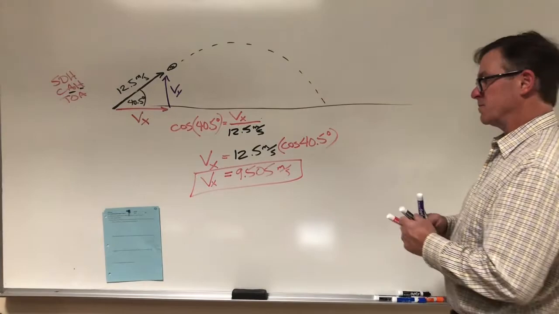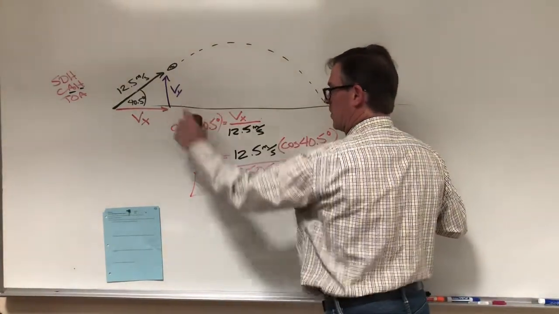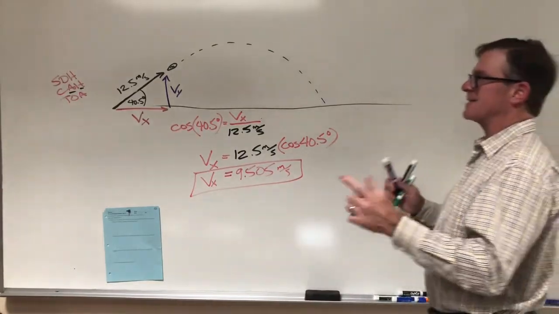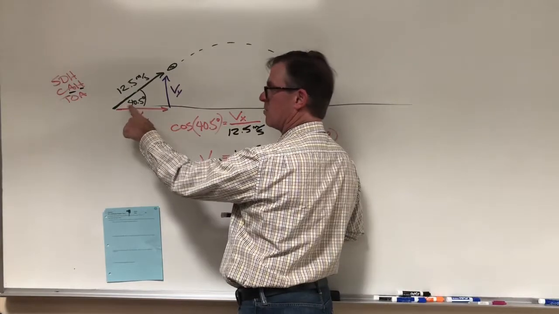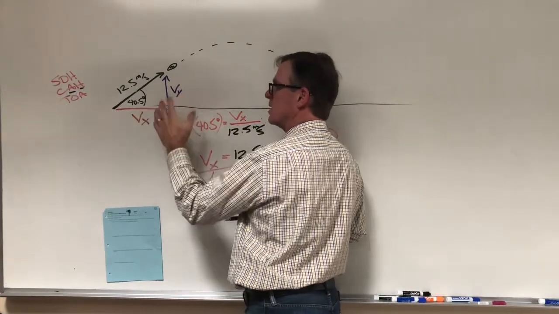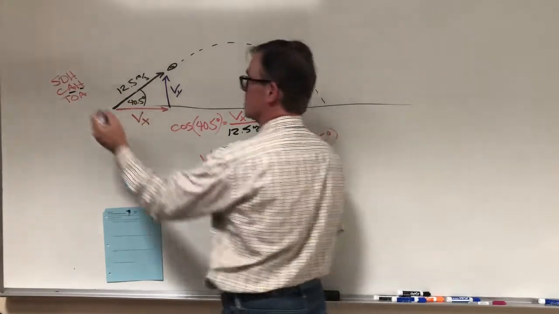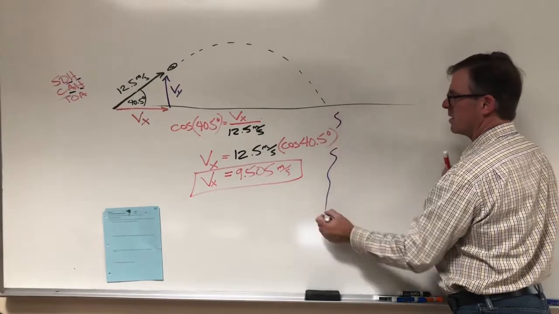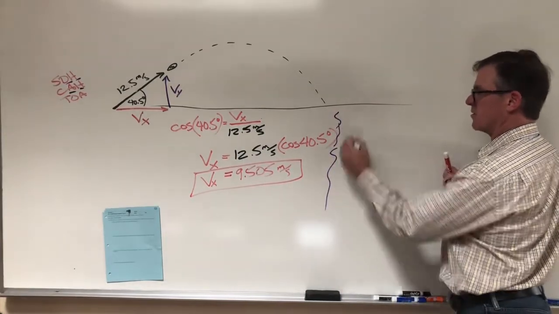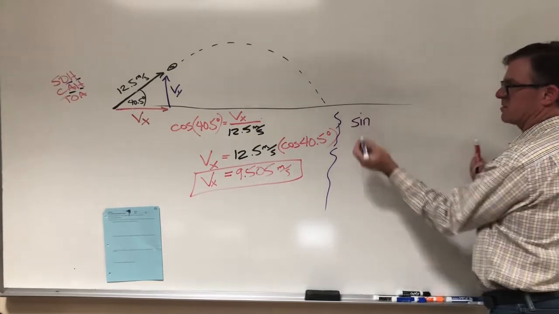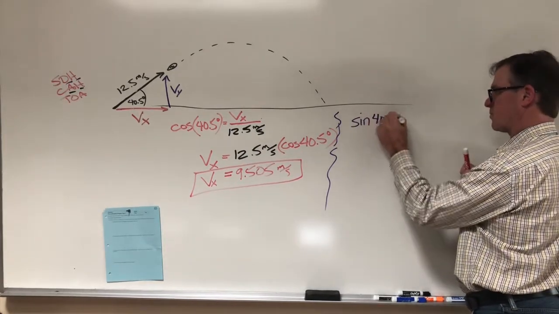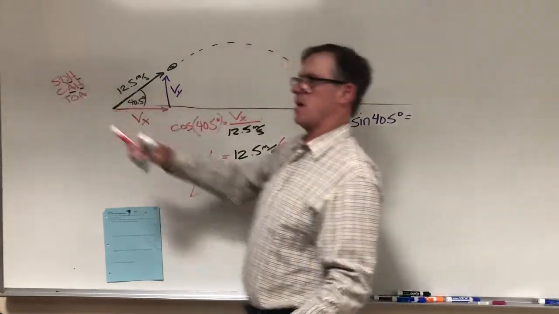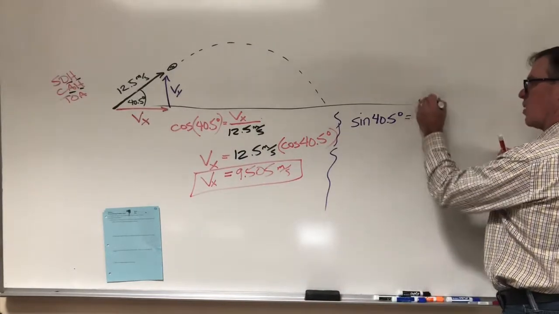Now the y component is this purple, and I'd like to calculate it. Now what side is that relative to the angle that we know? Well, it's across the street. It's the opposite, and we know the hypotenuse, so we're going to use sine to set that up and solve that. We have the sine of any angle, in this case 40.5 degrees, equals the opposite over the hypotenuse. But the opposite side is what we want.